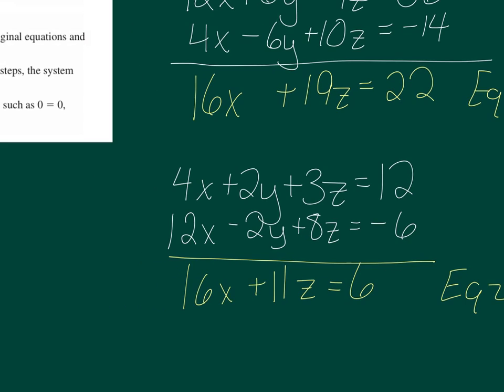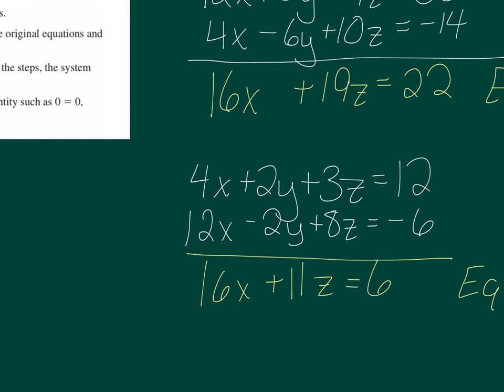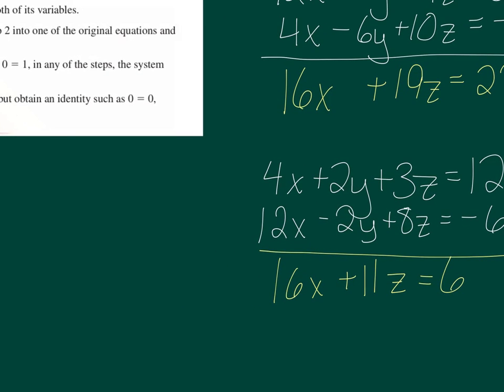So let's go over to the side here. 16x plus 19z equals 22. And then my other equation, because my 16s are both positive, what I'm going to do with this one is distribute a negative.